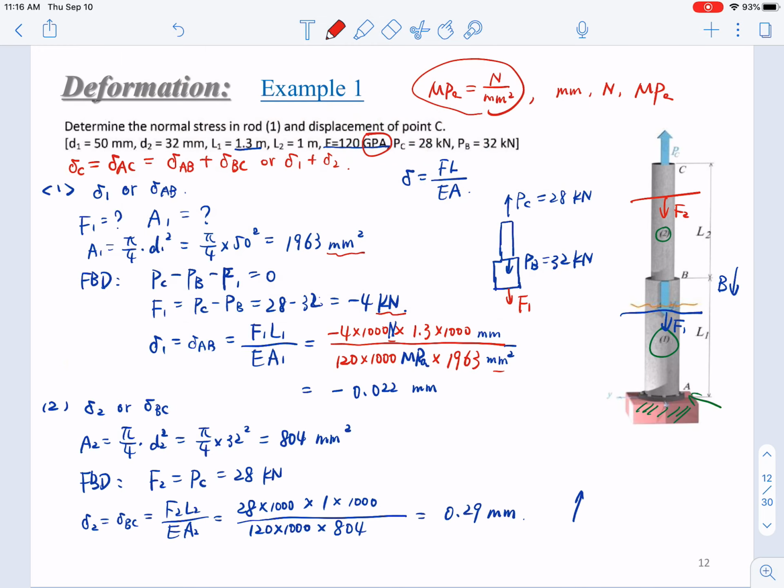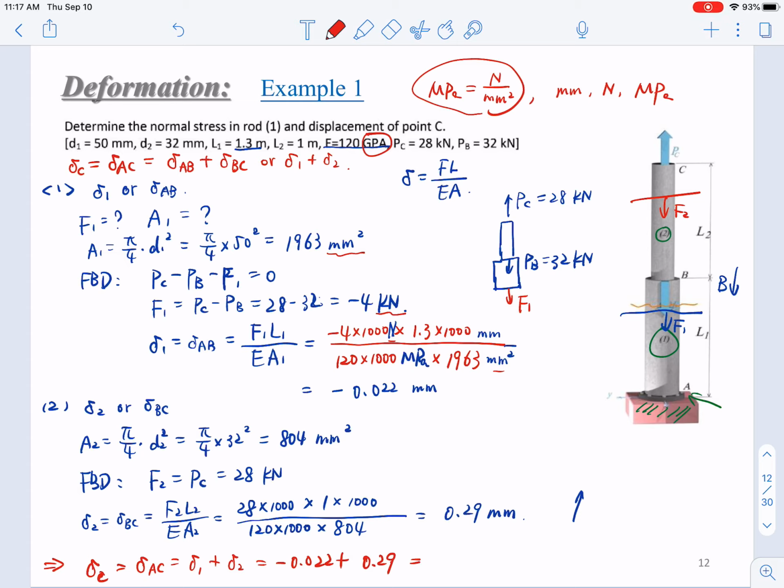And so finally, what is our delta C? Since we analyzed, delta C equals delta AC, right, equals delta AB plus delta BC, or delta 1 plus delta 2. Right. So this is negative 0.022 plus 0.29.